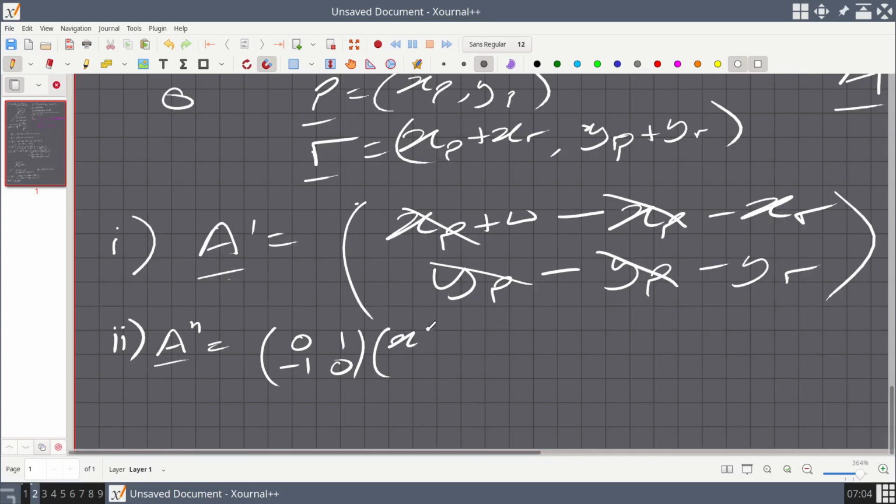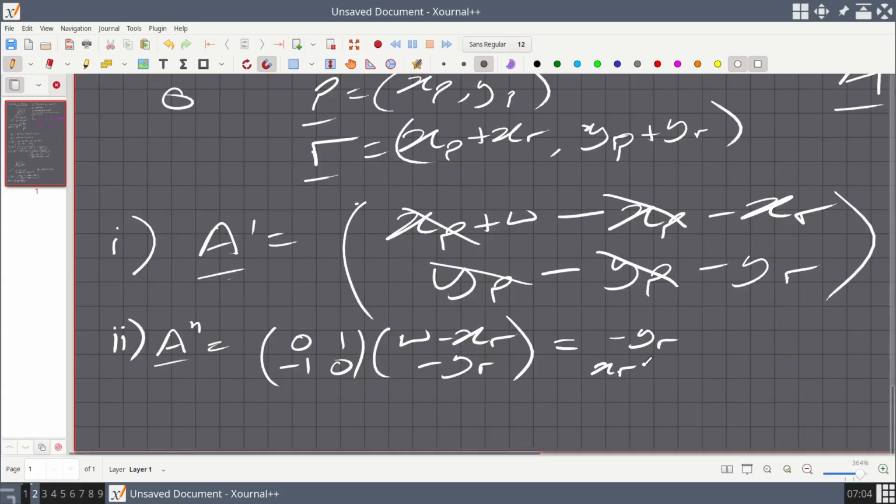So this is actually equal to a simpler expression, W minus XR and minus YR. So that is equal to 0 times that doesn't matter. That one gives us minus YR. Minus 1 times that gives us XR minus W. 0 times that gives us nothing. Right, across by down, across by down.